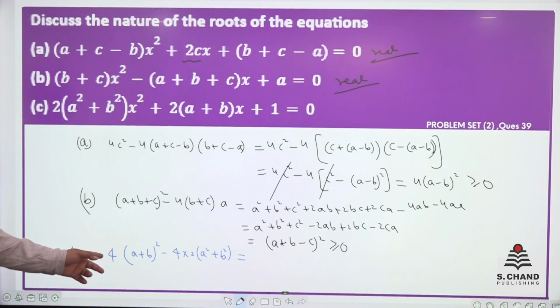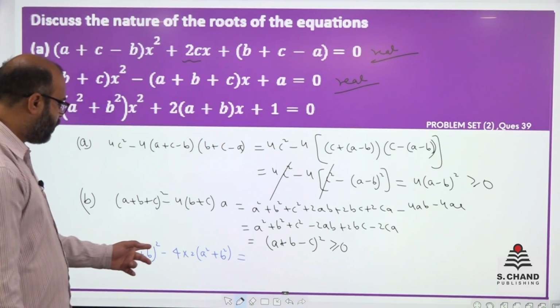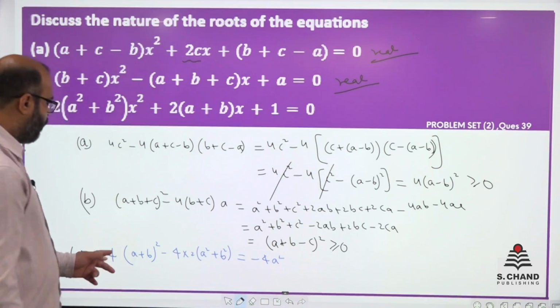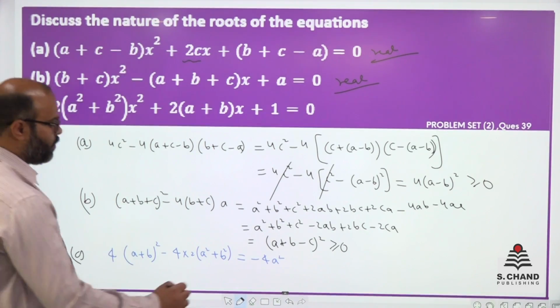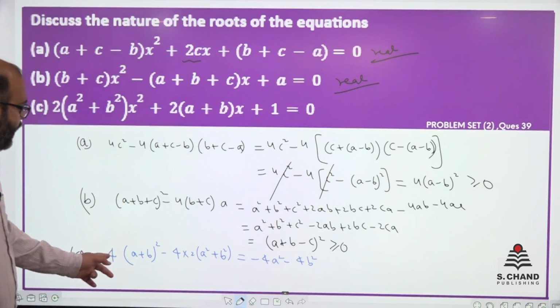So when you calculate, 4 is taken as common, or you can take 4 inside also: 4a square minus 8a square, that is minus 4a square, 4b square minus 8b square, that is minus 4b square, and 8ab.